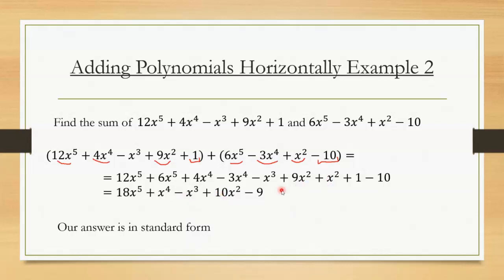Again, when you combine like terms, you add the coefficients or subtract them, depending on what you have to do. 1 minus 10 is minus 9. And so that's what we get. And this answer, as you can see, is in standard form, right? The powers of x, the exponents, are decreasing from left to right.